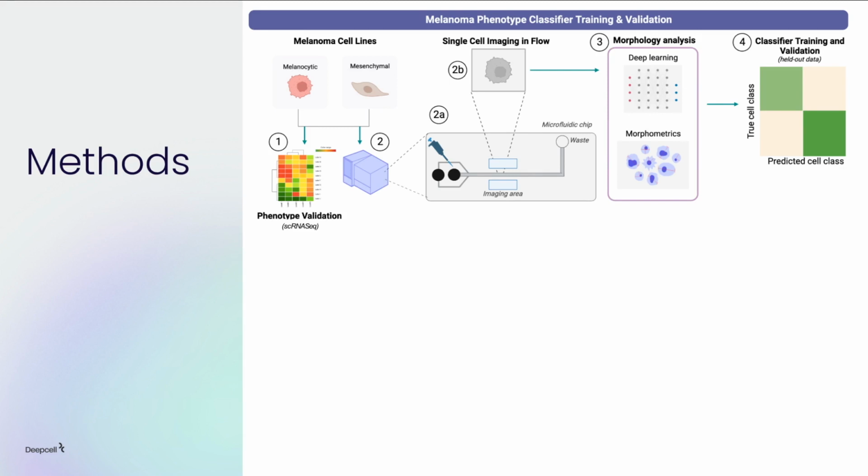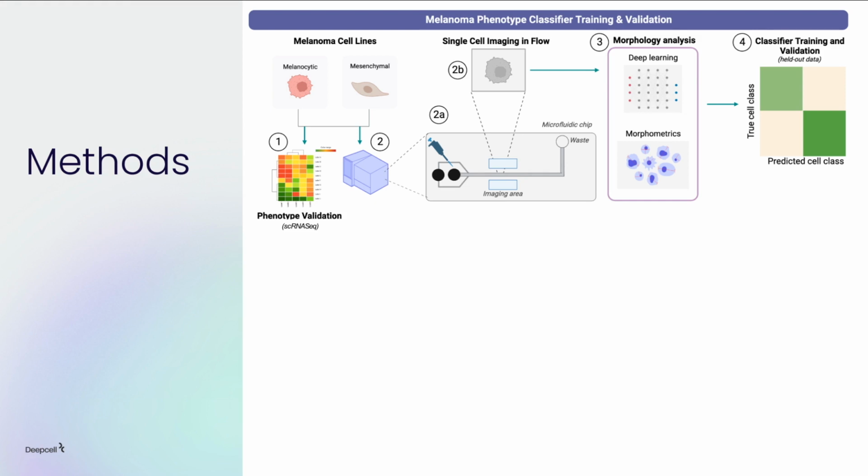In the first part of the study, we developed the classifier. As an input, we had melanoma cell lines that were derived from tumors from melanoma patients that were treated at the University Hospital in Zurich. We classified them by RNA sequencing into melanocytic and mesenchymal cells in order to have a baseline, a reference for our classifier.